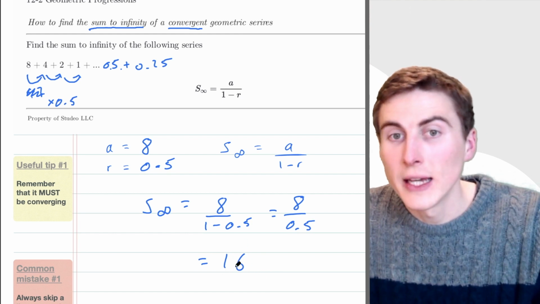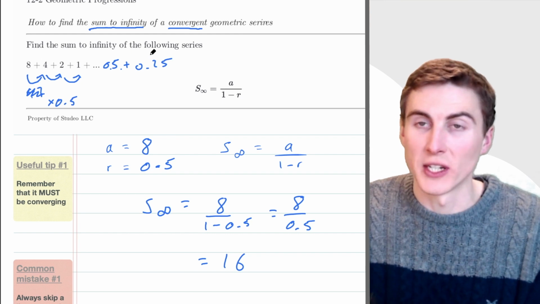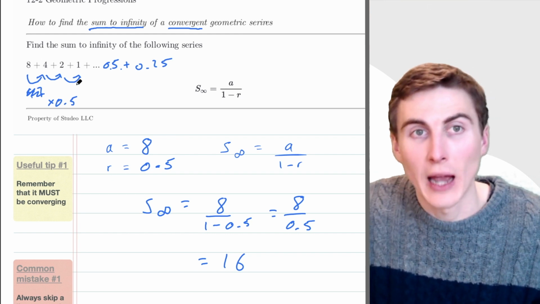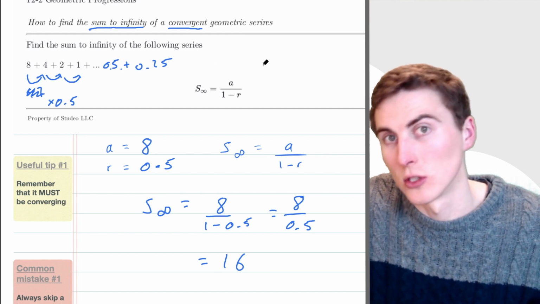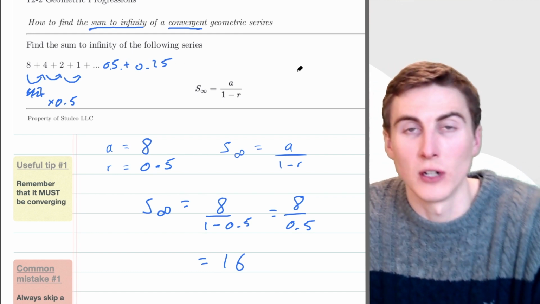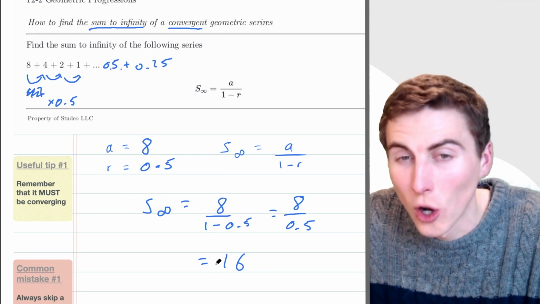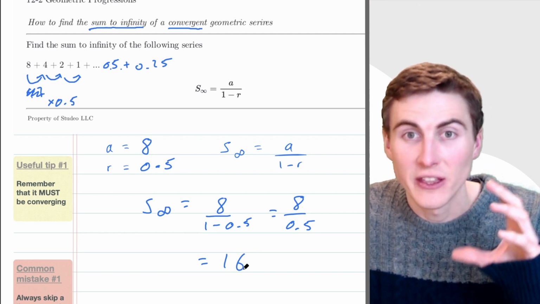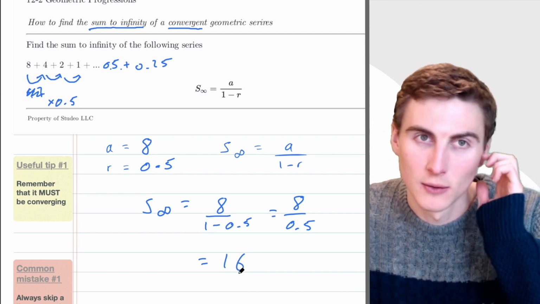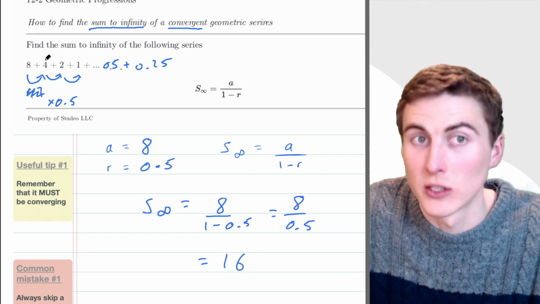So what we're really saying here is if we added all of these up, we would tend towards 16. If we carried on this series for an infinite number of terms and added together all the terms, it would get close to 16. Theoretically it would reach 16, but not really. And we can see that: 8 add 4 is 12.